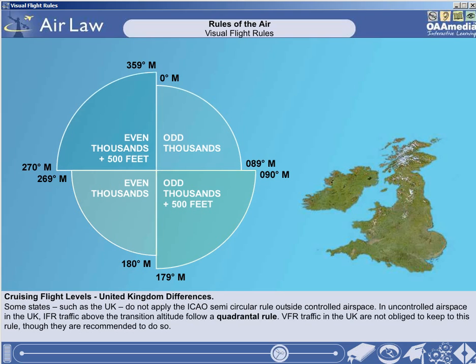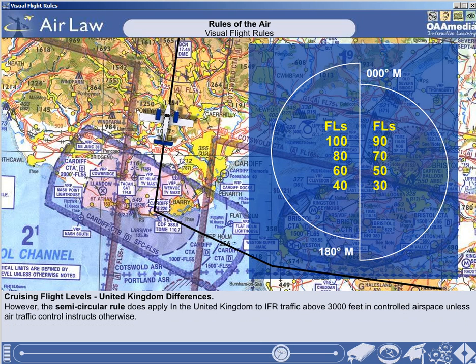VFR traffic in the United Kingdom are not obliged to keep to this rule, though they are recommended to do so. However, the semicircular rule does apply in the United Kingdom to IFR traffic above the transition altitude in controlled airspace, unless air traffic control instructs otherwise.